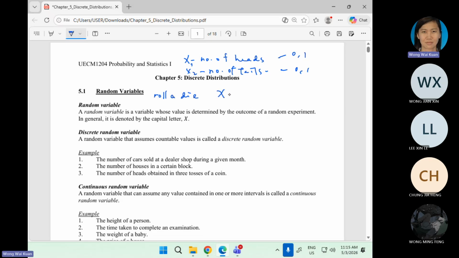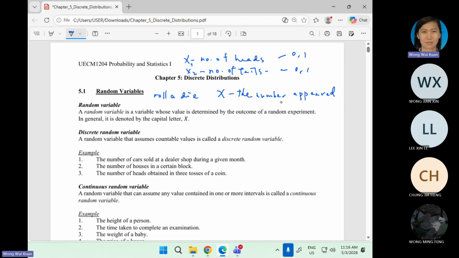What is the possible X? Very straightforward is the number that appears, right?